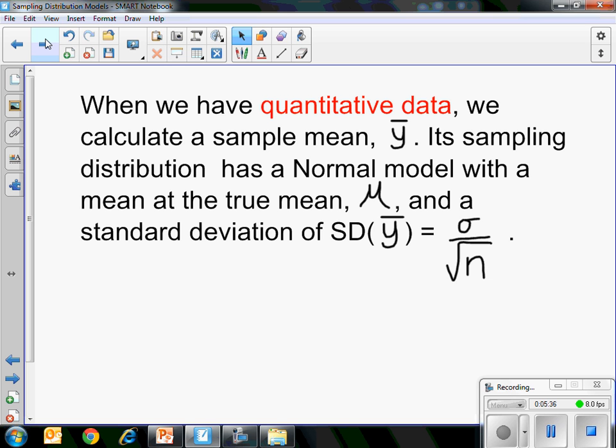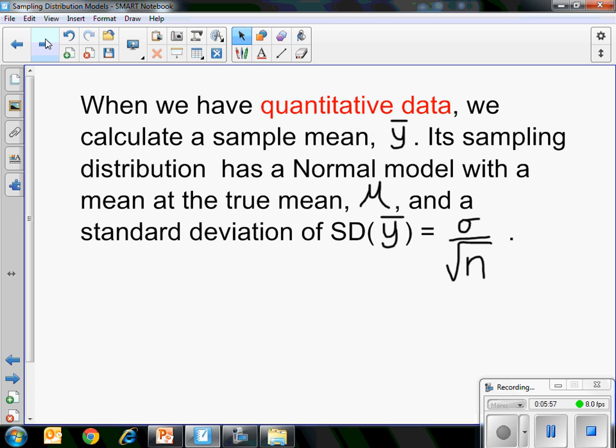And likewise, quantitative data is what we just talked about a moment ago. When we have quantitative data, we calculate a sample mean, y bar. Its sampling distribution has a normal model with a mean of the true mean, which is mu, and a standard deviation that's equal to sigma divided by the square root of n.